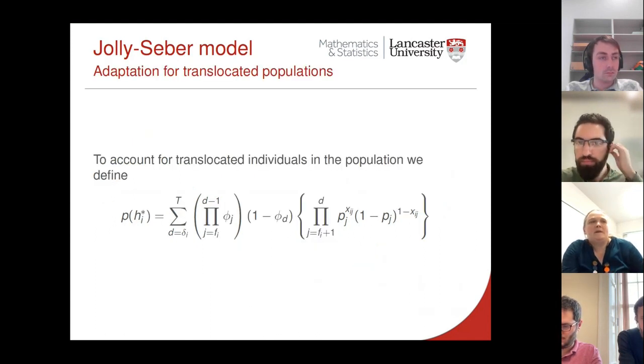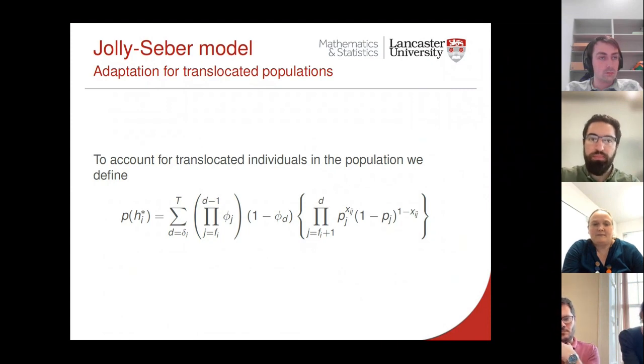Okay, so to begin with, when we were thinking about how we analyze this data from a translocation, our default reaction was, okay, we'll just use the standard Jolly-Sieber model and impose some parameter constraints on that model. Theoretically, that should be possible. So this is a translocated population.